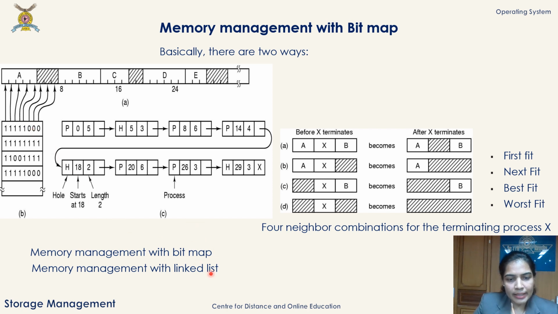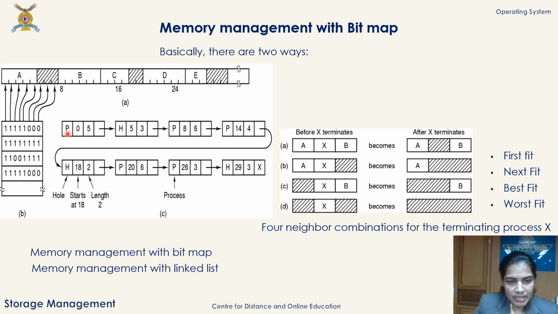Now the second technique for memory management is using a linked list. With the help of a linked list, we can manage the memory. Here you can see every node contains some data. One node contains the letter P and another node contains the letter H. P stands for process and H stands for hole.